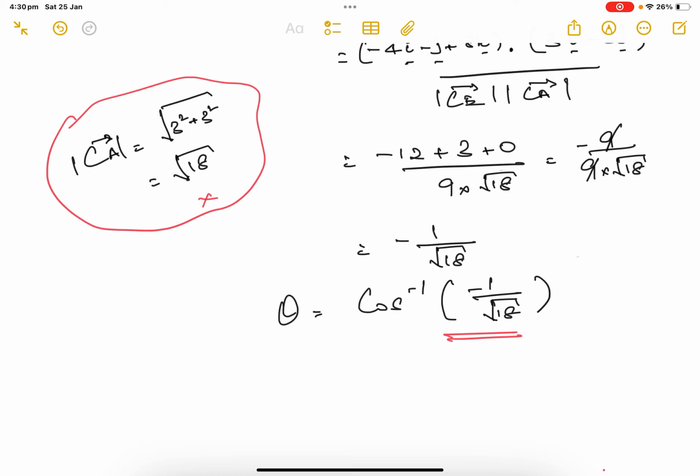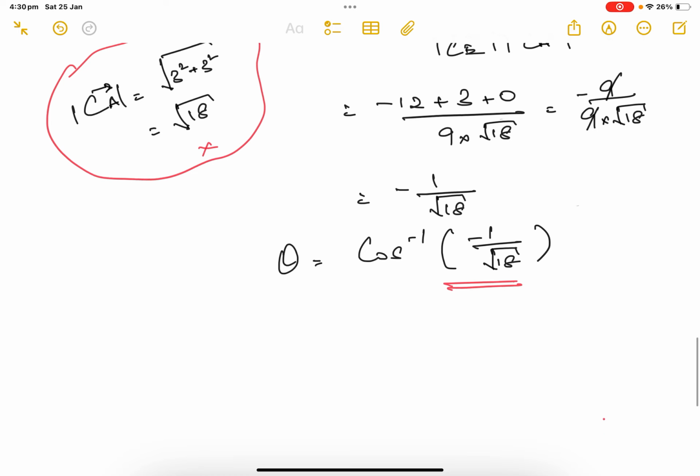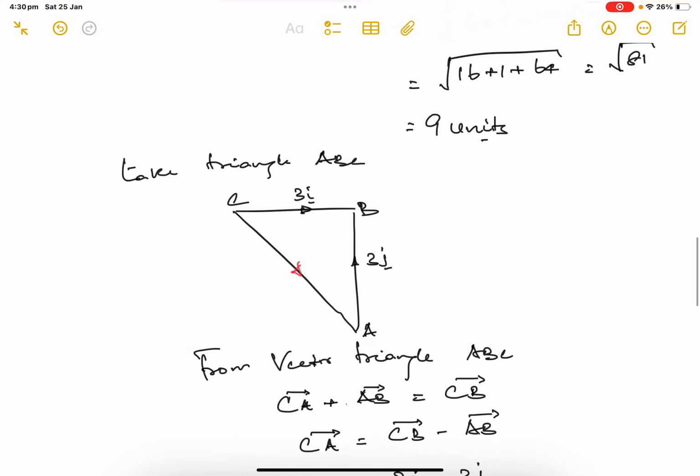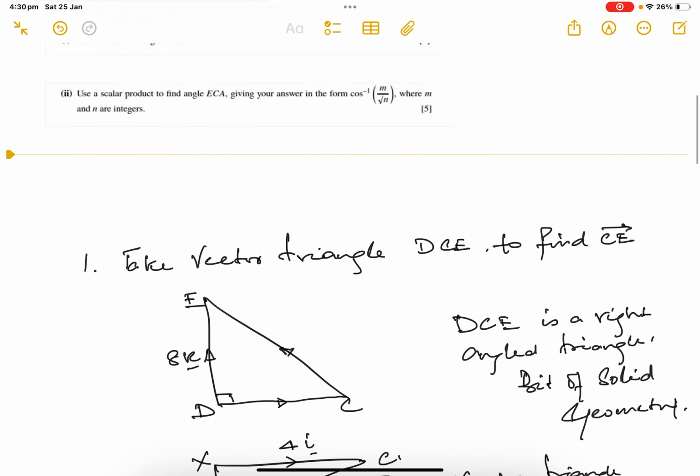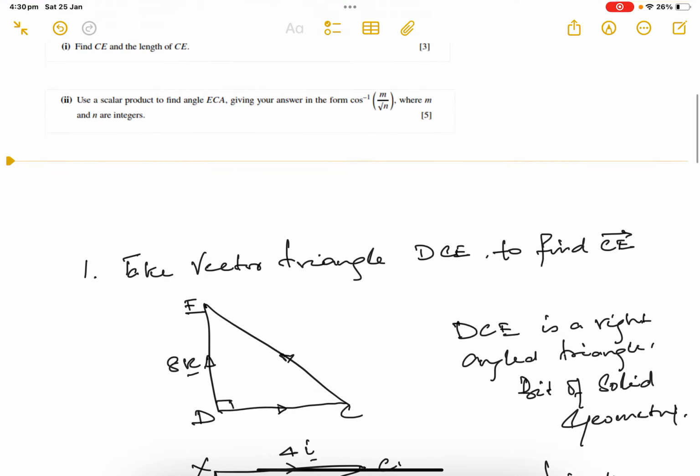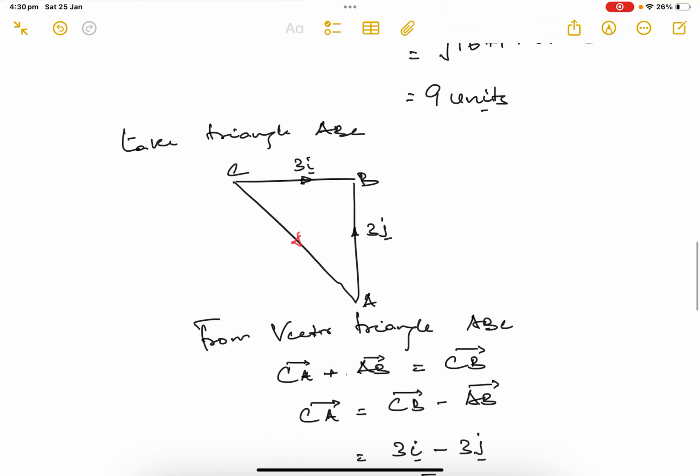Therefore, theta is cos inverse of minus 1 over root 18. What we need to find is in the form m over root n.